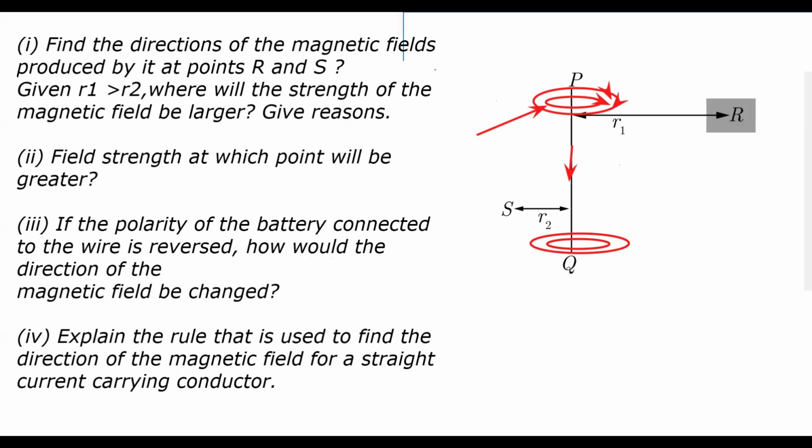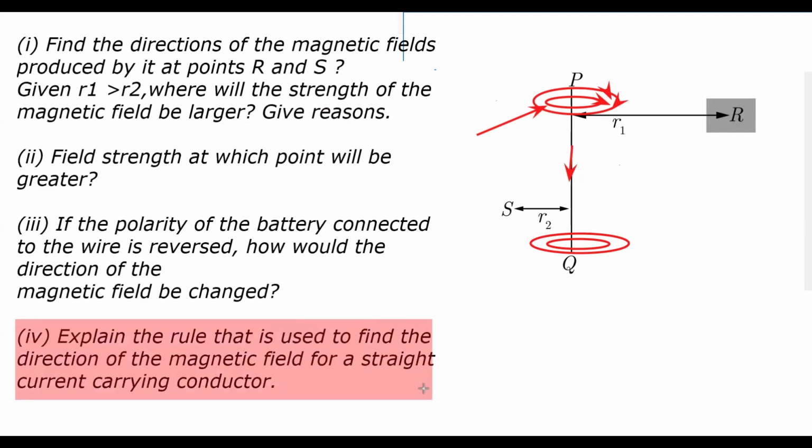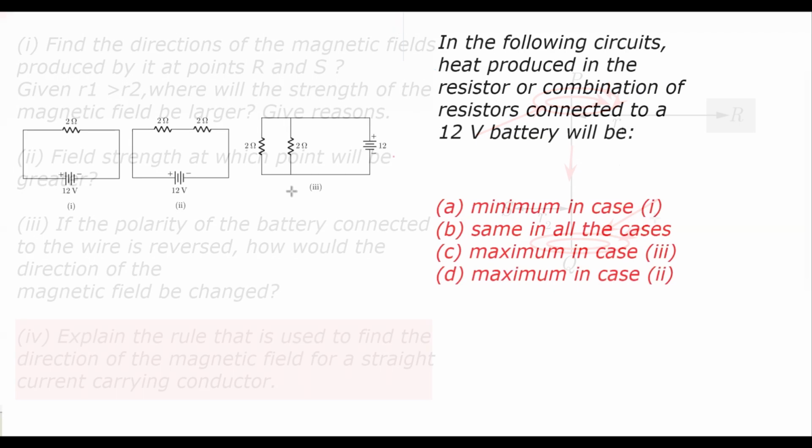Now the rule is very clear. The rule here is the right hand thumb rule. It says that if you hold the conductor in such a way that the thumb points in the direction of the current, then the fingers wrapped around indicate the direction of the magnetic field.